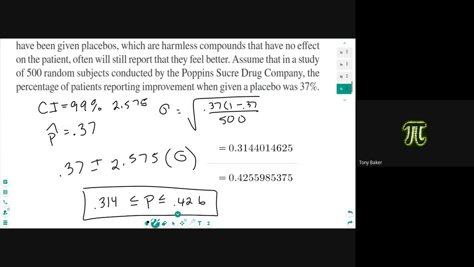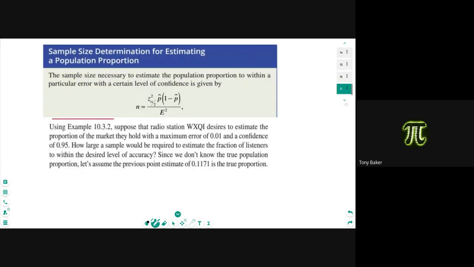Last formula. Because of the way this works with proportions, we have a little different formula for the error.